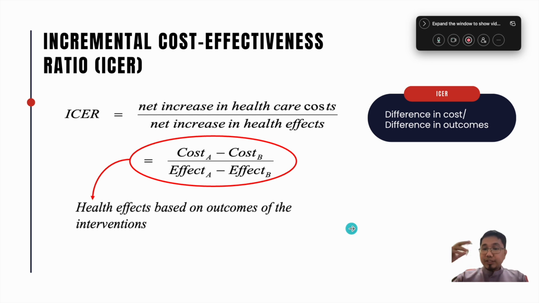Okay, we go to the next key point, which is the incremental cost effectiveness ratio, the ICER. Basically the ICER is the difference in cost divided by the difference in outcome, which is the cost of intervention A minus the cost of intervention B, divided by the effect of intervention A minus the effect of intervention B. So difference in cost divided by difference in outcomes.